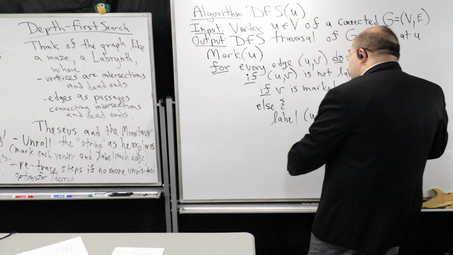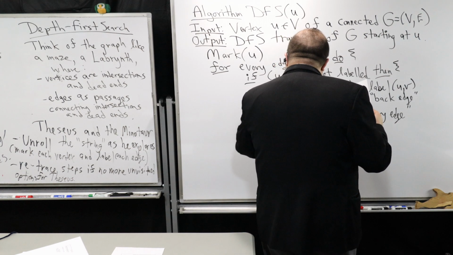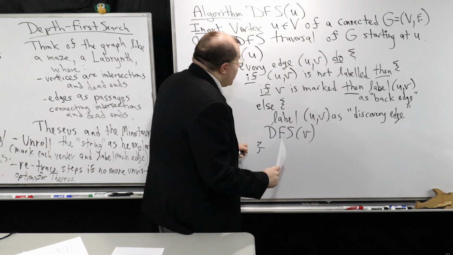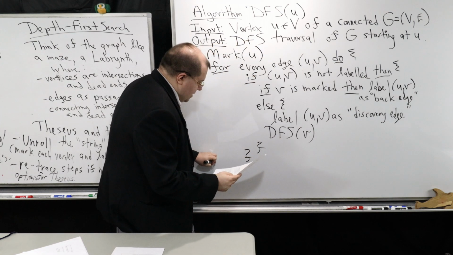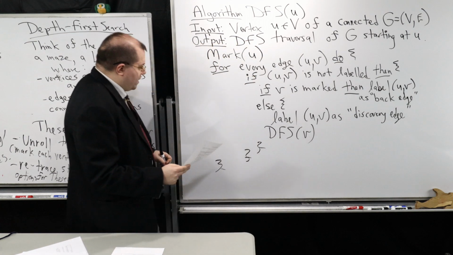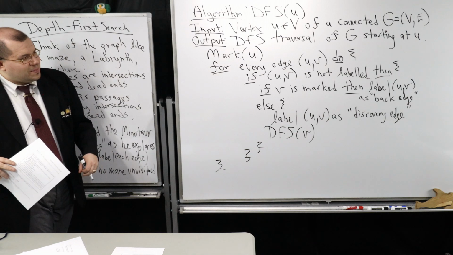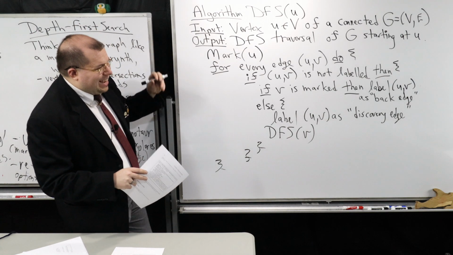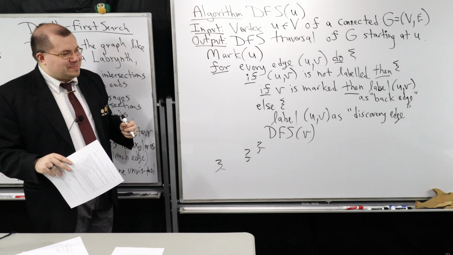And all I'm going to do is recursively apply DFS now on V. And we have the end of the if statement, end of the for loop, and that's it. That's DFS. Boom. So that's DFS.